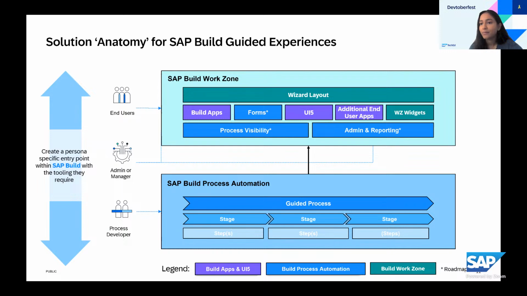The simplicity of it is the highlight of this entire solution, which Florian will showcase to you in a bit. This essentially unifies the Build portfolio, increases interoperability, and you would also have the possibility to create content out of it, which you could also provide to your own customers.